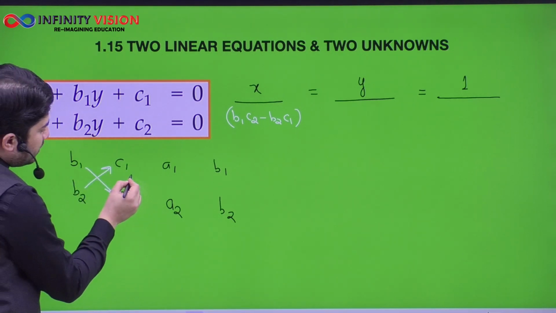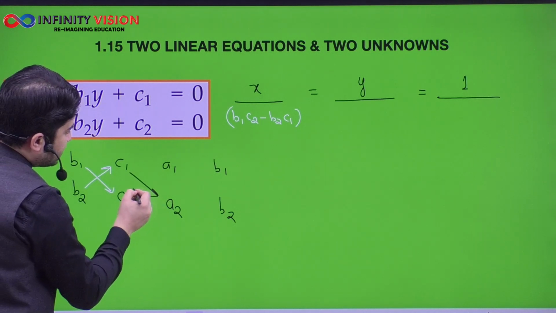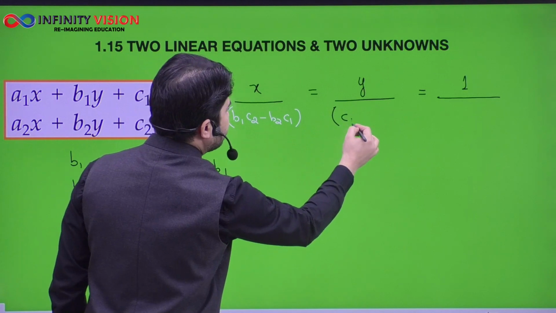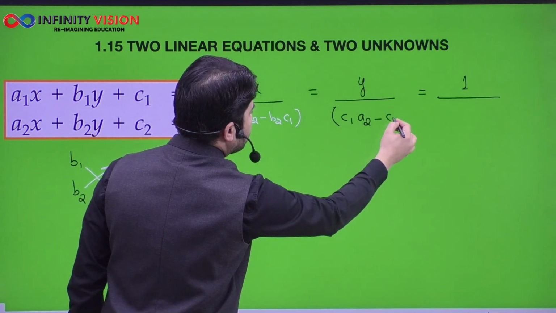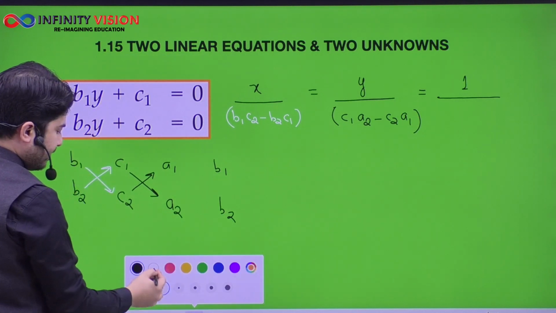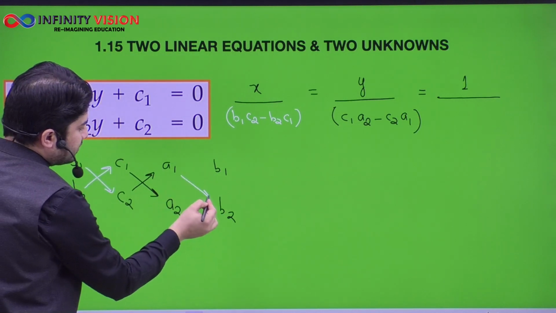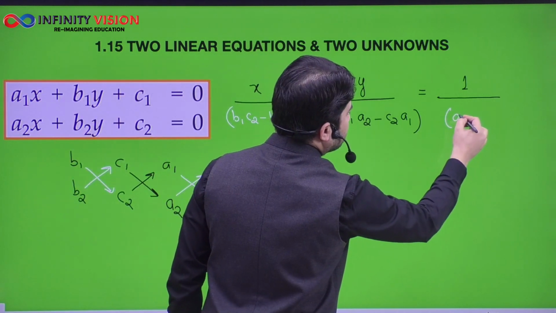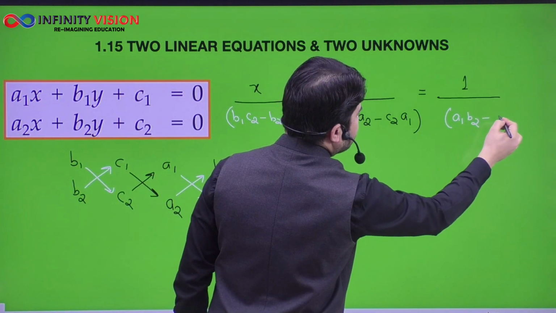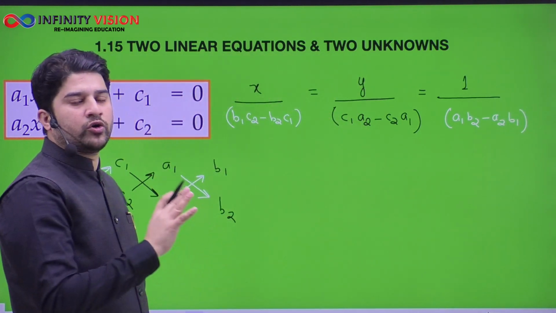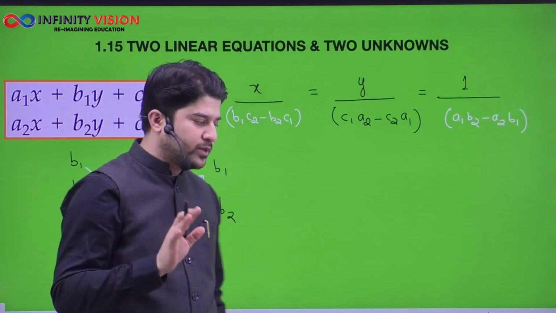Then I am going to multiply C1 A2 and C2 A1, and write C1 A2 minus C2 A1. And for the last one, I am going to write the cross as A1 B2 minus A2 B1. So this is how you solve by method of cross multiplication.